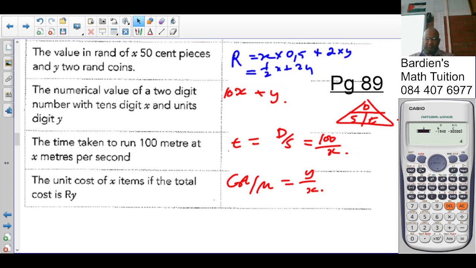Exercise 4.10, the first 5 sums. And it's on page... which page is this on, people?